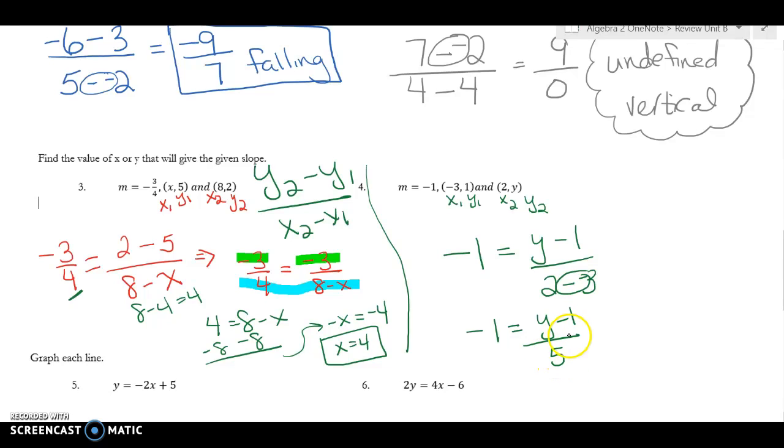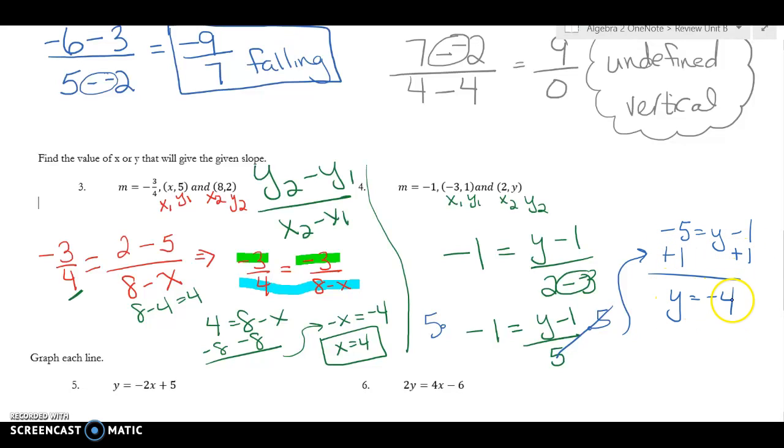over 5. And now we just think about how we're going to solve this problem. Well, we don't like fractions, so let's get rid of this divide by 5 by multiplying. And so those 5's are gone. I'm left with negative 5 is equal to y minus 1. Now we just add 1 to both sides, so y is negative 4. Now I'm going to plug this in and try it out.